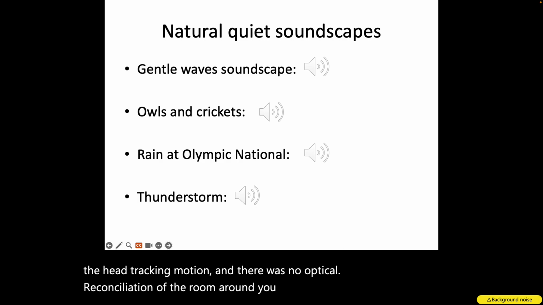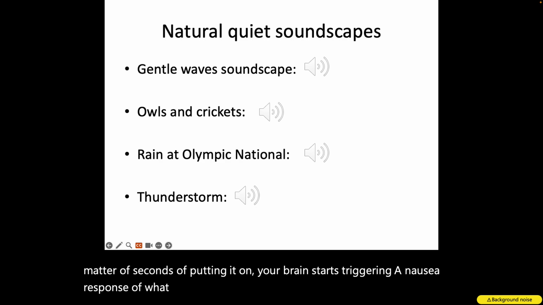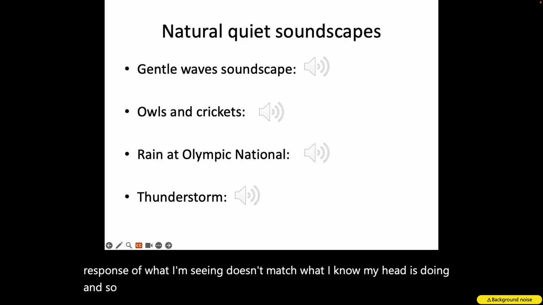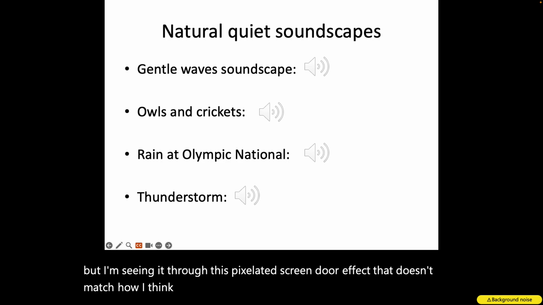So sometimes within a matter of seconds of putting it on, your brain starts triggering a nausea response of, what I'm seeing doesn't match what I know my head is doing. There's this lag, and I can see a blurry 3D room around me, but I'm seeing it through this pixelated screen door effect. That doesn't match how I think reality should look, right? I don't see a screen door effect here.